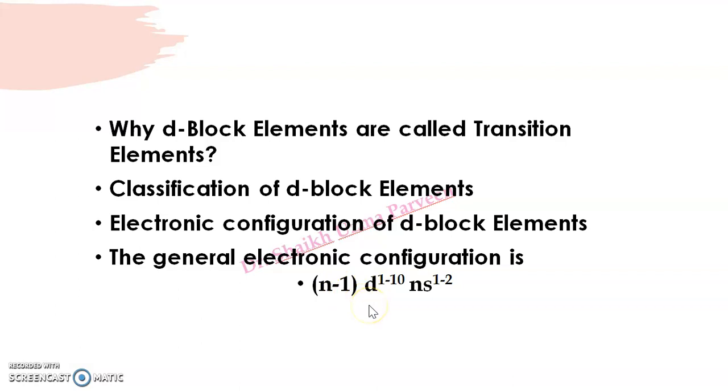So the first transition series involves the filling of 3d orbitals, and then 4d, then 5d, 6d. It starts from scandium and goes up to zinc, that is, scandium atomic number 21 to zinc atomic number 30. And the second transition series also includes 10 elements from yttrium to cadmium.